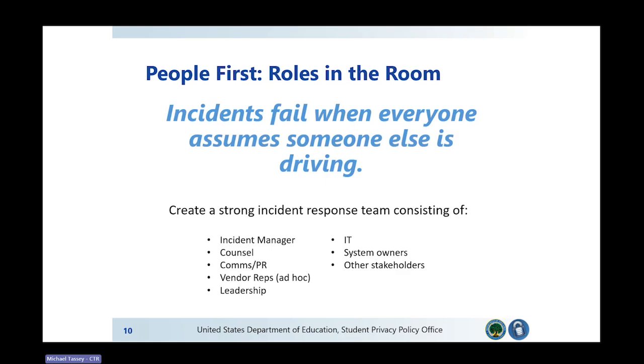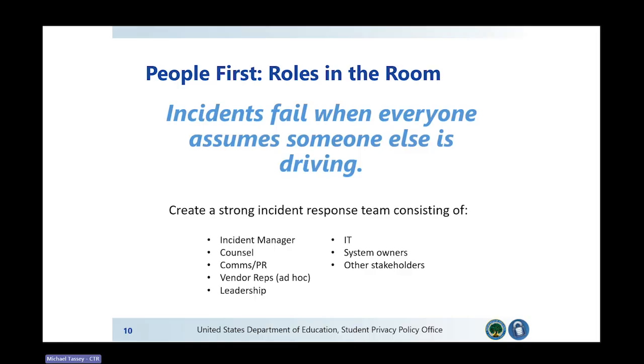So there's always going to be a core group that is involved in the incident regardless of the type of incident it is. And then there's going to be a list of ad hoc members who are going to be involved in the case that their particular area of responsibility is involved.